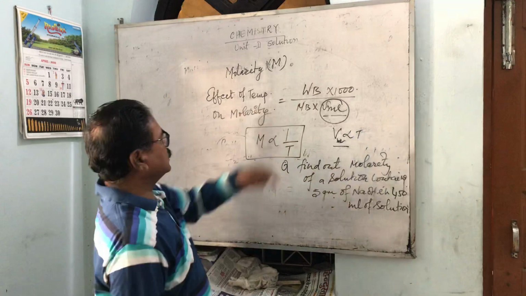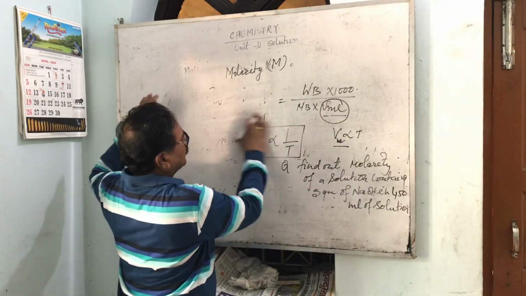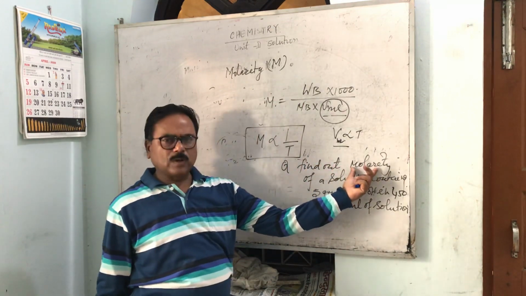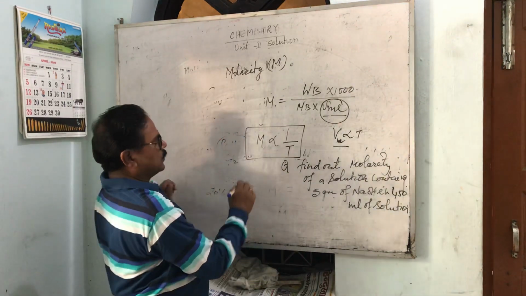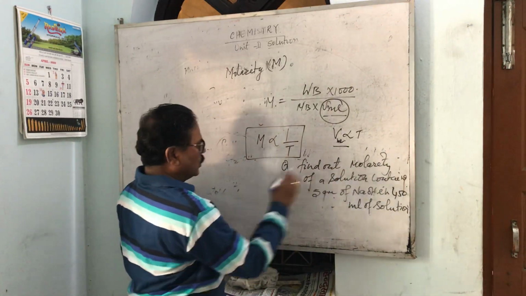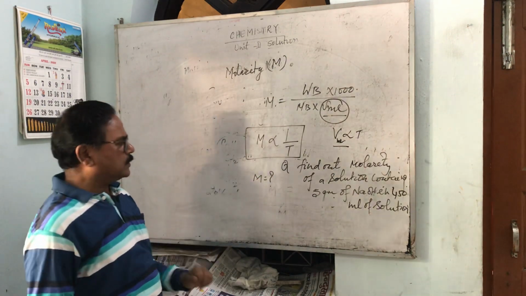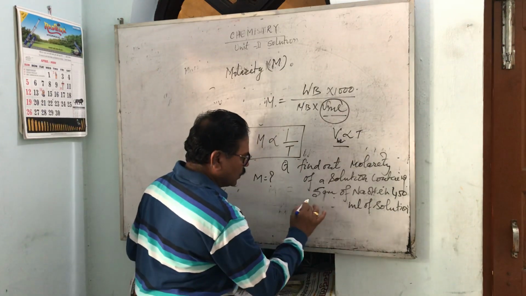So we have the knowledge of the mathematical expression. It is always written here. This is the molarity expression. How will we solve this problem? First, we write the data from the question. We have to find out the molarity M of a solution containing 5 gram of NaOH.